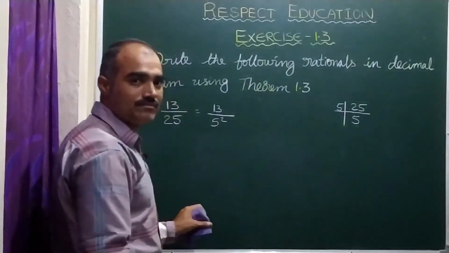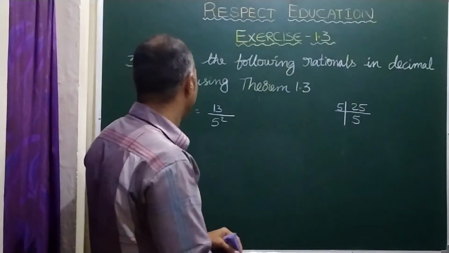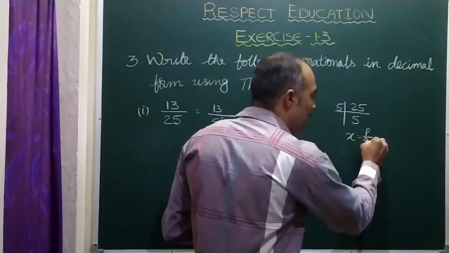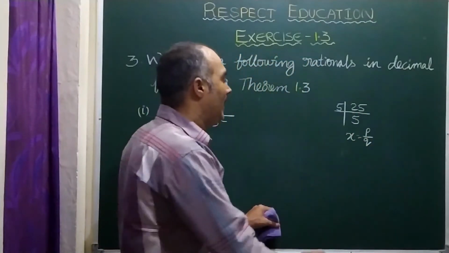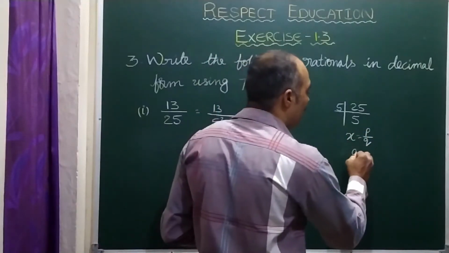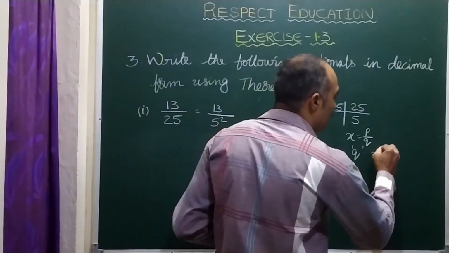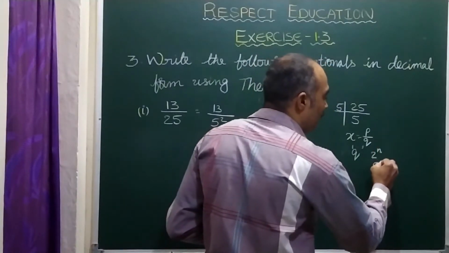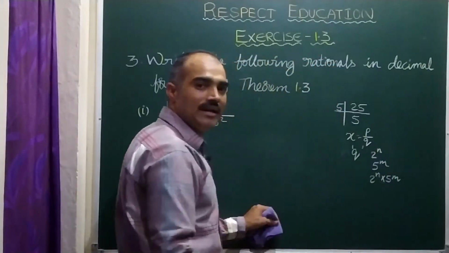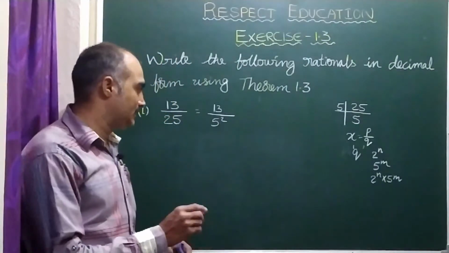As you know, children, if x is equal to p by q is a rational number, and if the prime factorization of q is of the form either 2 power n or 5 power m, or 2 power n into 5 power m, in that case this will be a terminating decimal expansion.